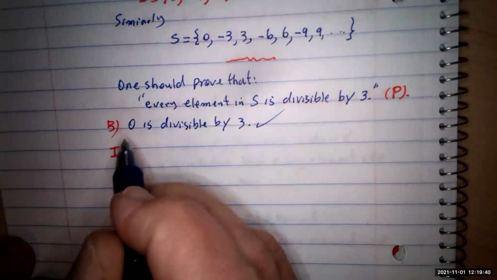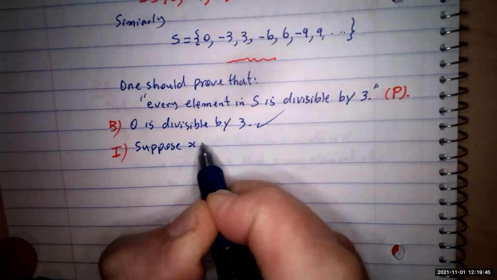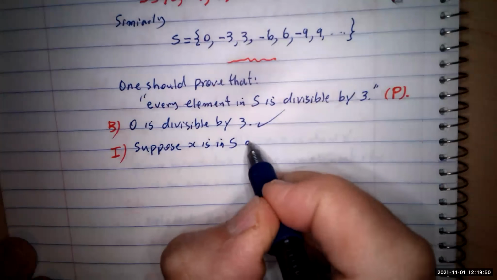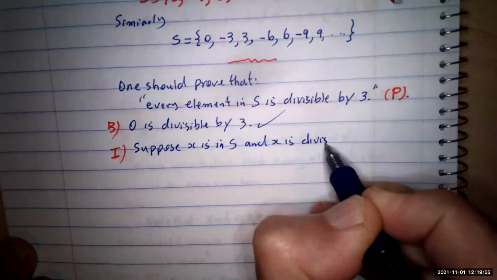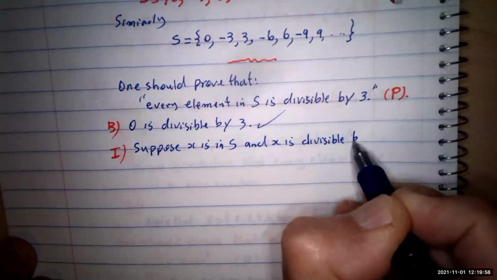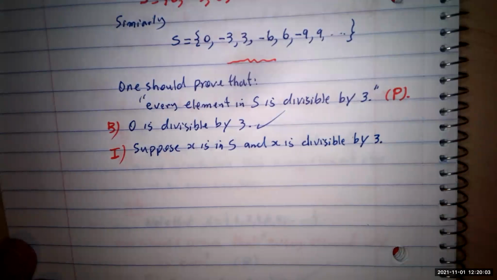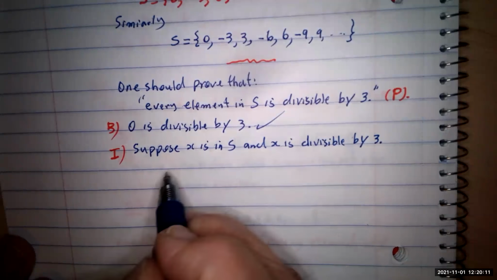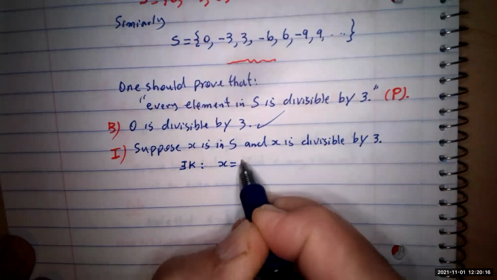You say that, suppose X is in S and X is divisible by 3. Okay, you must assume this one. And then you go for X plus 3 and X minus 3. Write the divisibility formula. This means there is a k such that X is equal to 3k.